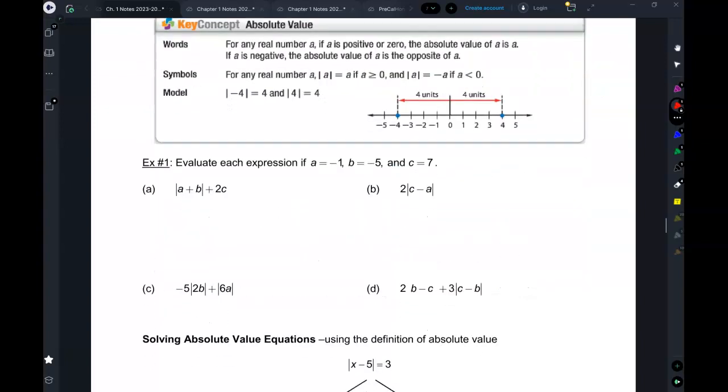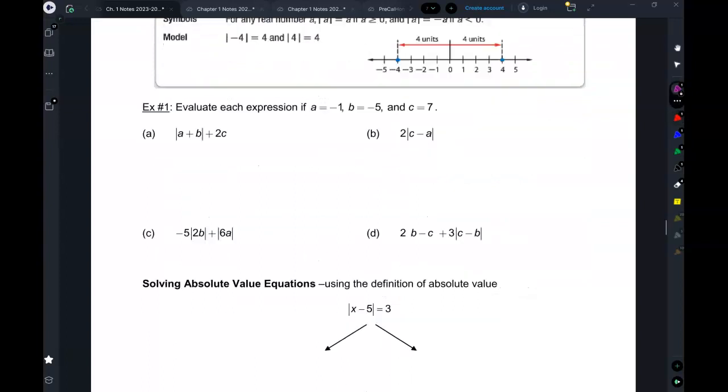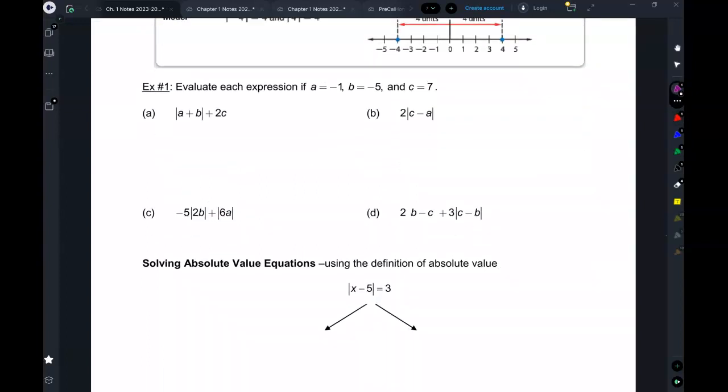Okay, so let's do some evaluating with absolute value. So here we have this expression. We have A, B, and C. We're going to plug them in. So absolute value, A, plus -5, that'll be -5, in absolute value, plus 2 times 7.